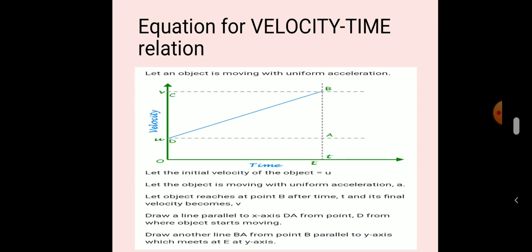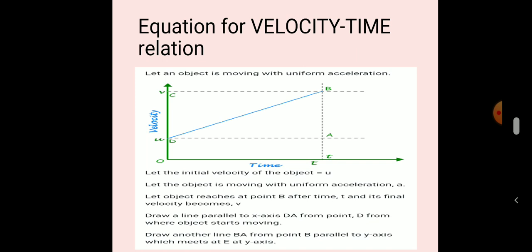In the earlier graph, u was equal to 0, but in this graph, u is not equal to 0. From this graph, we can see that the initial velocity of the object is u at point D, and then it increases to v when it reaches point B. In time t, the velocity changes at a uniform rate a.